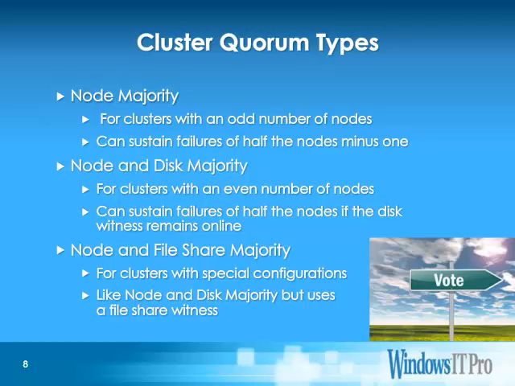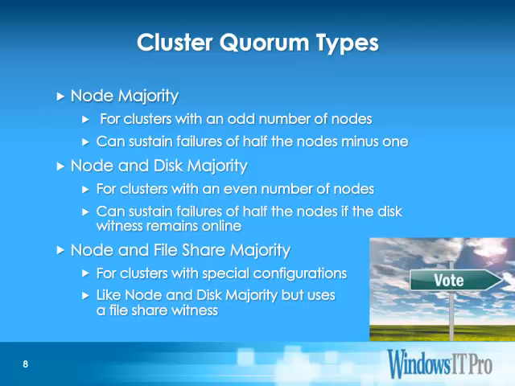With the node majority quorum, this is a more traditional type of quorum. It's basically used when there are clusters that have an odd number of nodes, and basically it allows you to sustain half of the number of nodes that have failed, minus one, and still allow the cluster to operate. And this works because there's an odd number of nodes. So that means the cluster knows what's down.